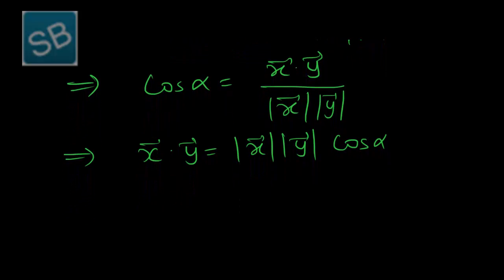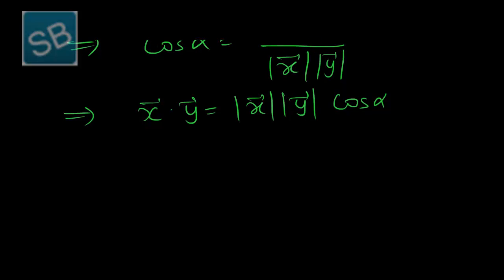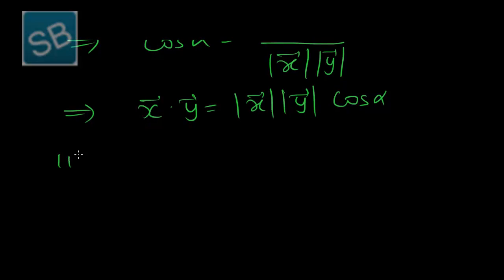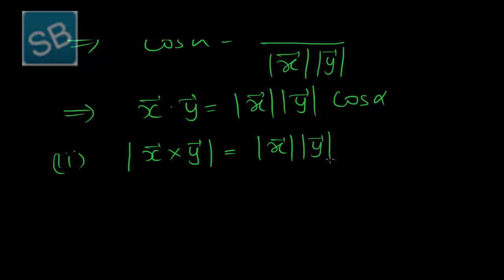The next part is modulus of x cross y is equal to modulus x modulus y sin alpha. Now for this we will use Lagrange's identity.